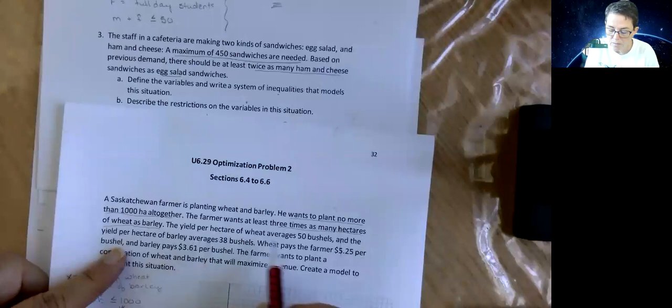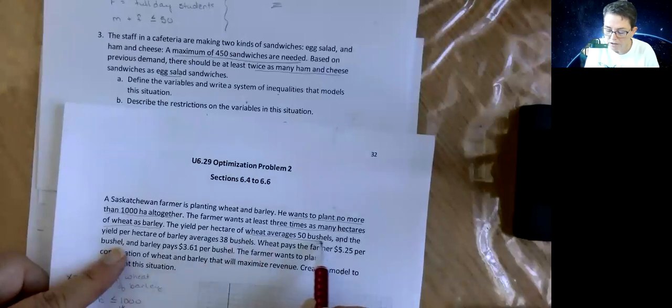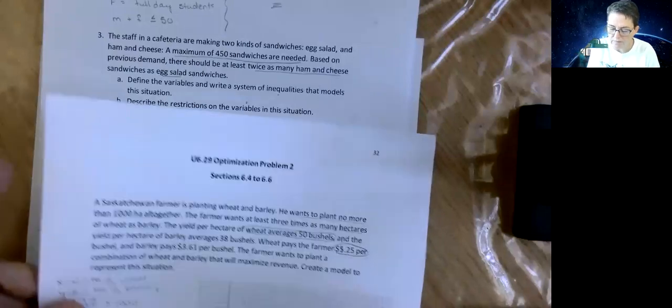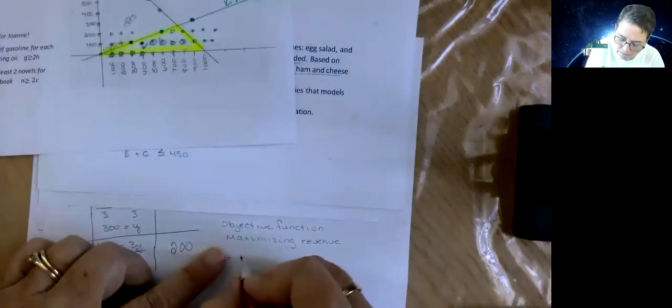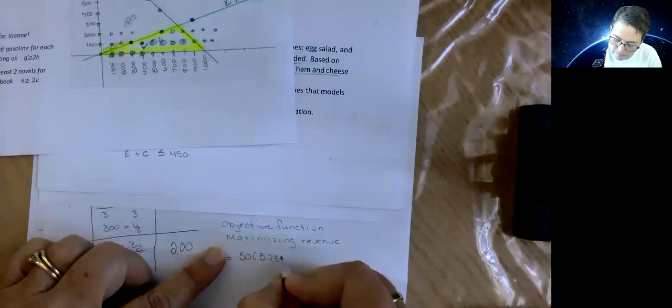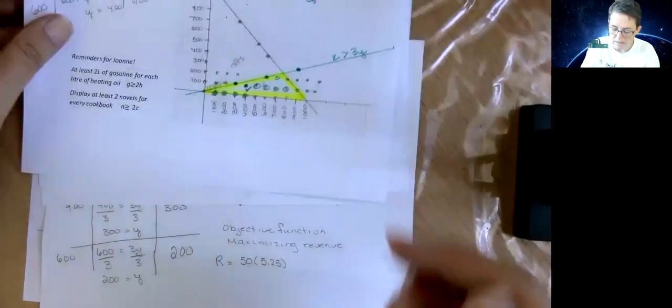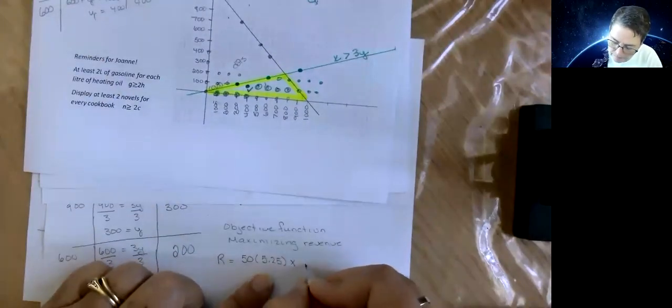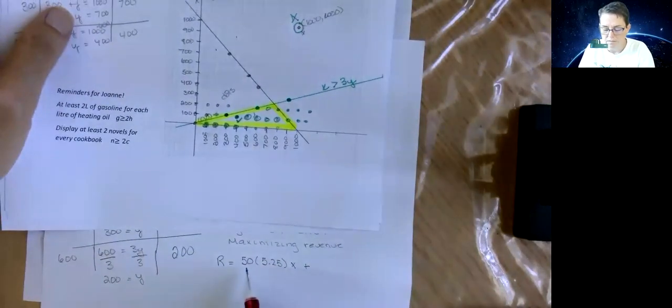Okay, so for wheat, we get 50 bushels on a hectare and $5.25. So for every hectare of wheat, we get 50 bushels times 5.25 times my wheat. Now we said the wheat was the x, plus, okay, so that's bushels per acre, how much we get per bushel, times that.